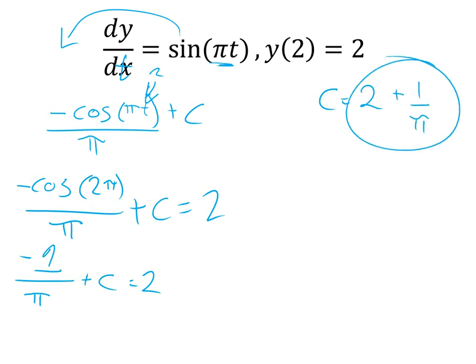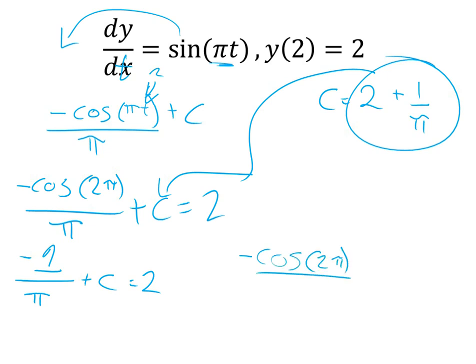Then we plug that in for c. So our final answer is negative cosine of pi t all over pi plus 2 plus 1 over pi. And then we're done.